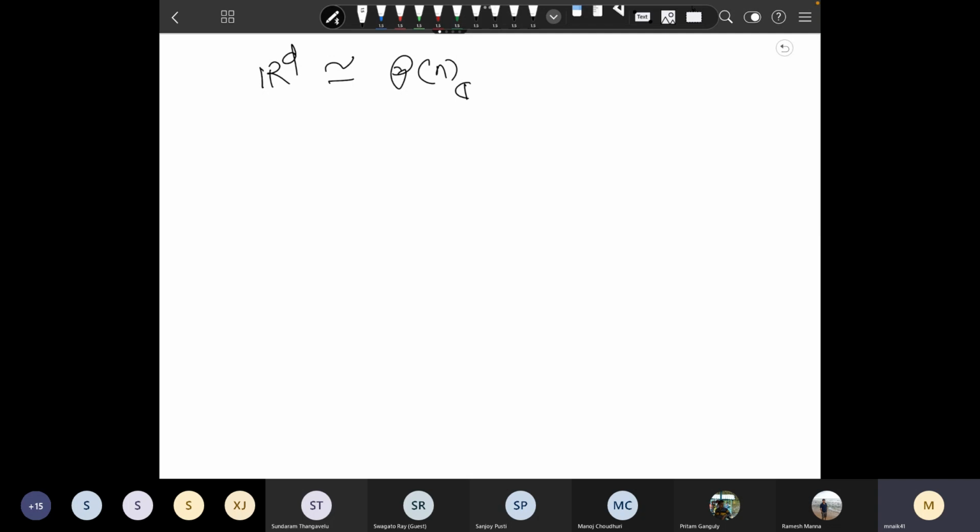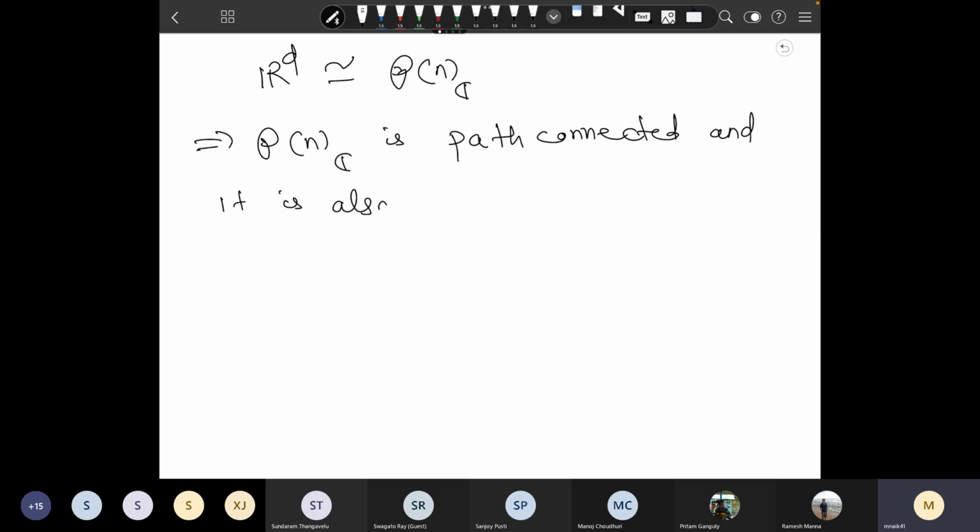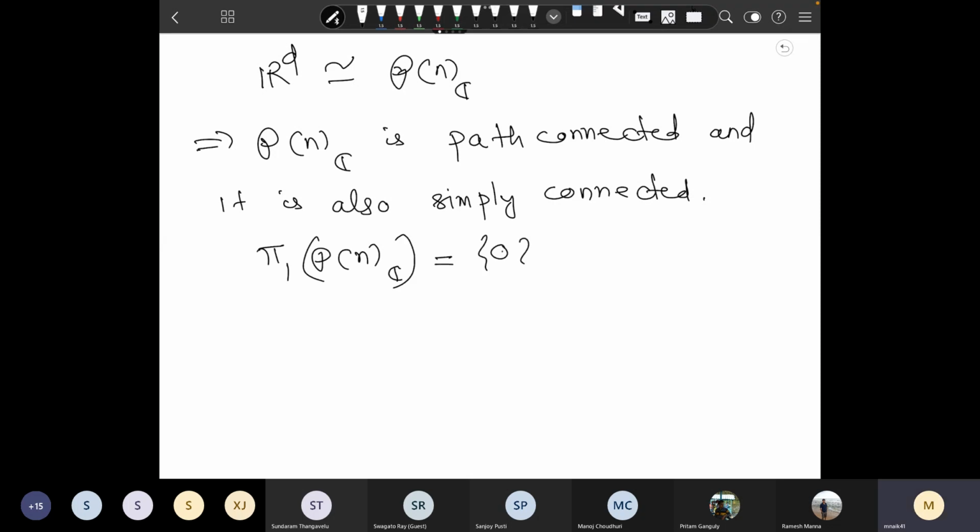Now this implies P_n(C) is path connected, and not only path connected, it is also simply connected. So you will get that the fundamental group of P_n(C) is nothing but trivial.